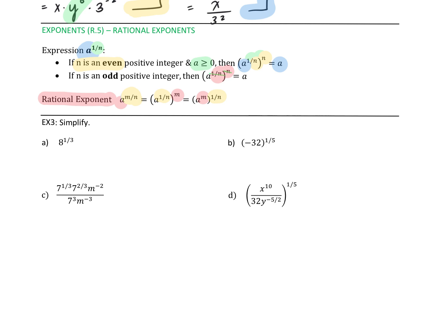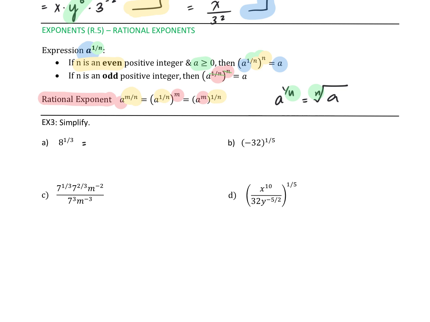Example A, let's go ahead and simplify. We have 8 to the 1/3 power. Again, what do we know about the 1/3 power? Well, a to the 1 over n power is the same thing as the nth root of a. So the denominator is the radical.